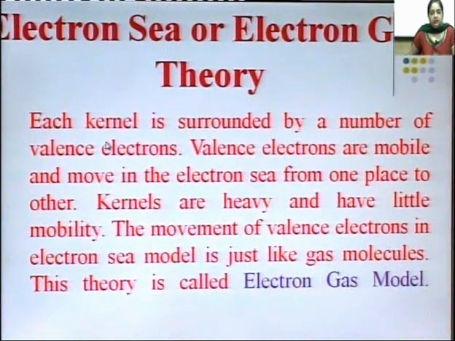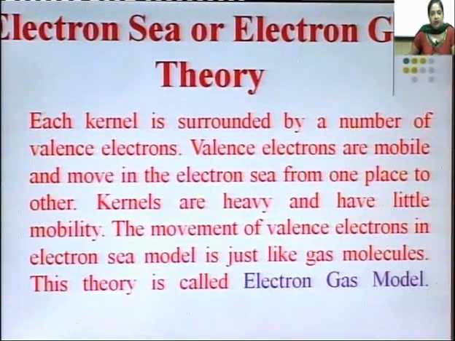Each kernel is surrounded by valence electrons. Valence electrons are mobile and move in the electron sea from one place to another. Kernels are heavy and have little mobility.